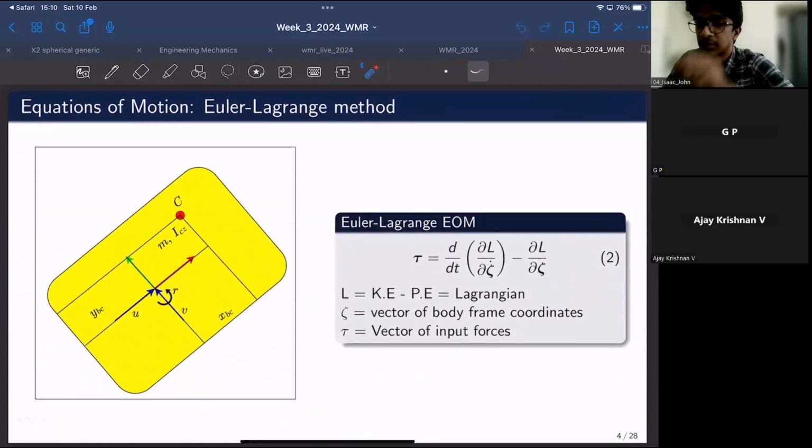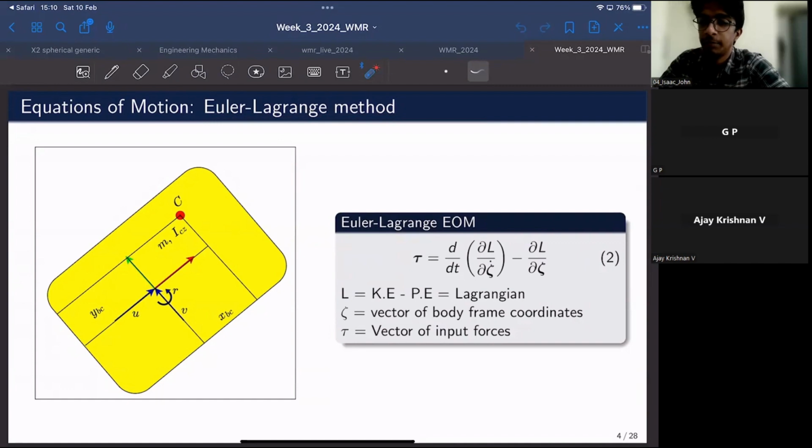And yes, in order for us to model this, we have come across two different kinds of modeling methods. What we call the Euler-Lagrange method is what we have seen as the first method in our lectures.